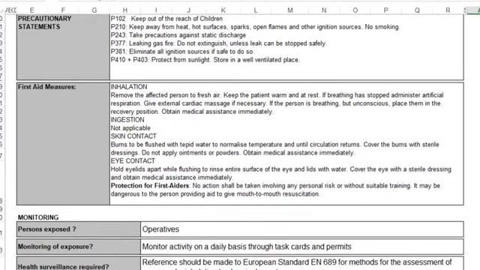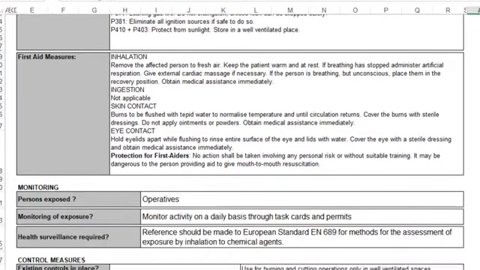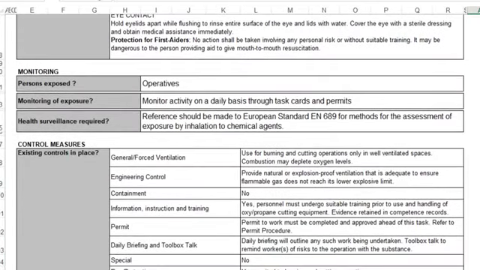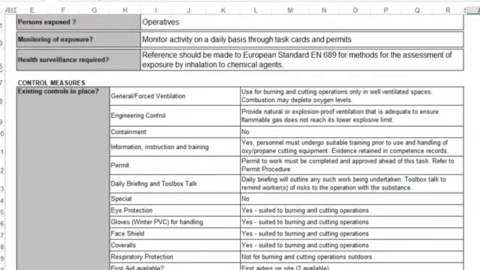We understand here that the persons exposed are our operatives and that we have monitoring activity on a daily basis through our task cards and permit control system. We also note that health surveillance may be required, not at this current time, but we will continue to monitor that and reference the standard appropriate to that.